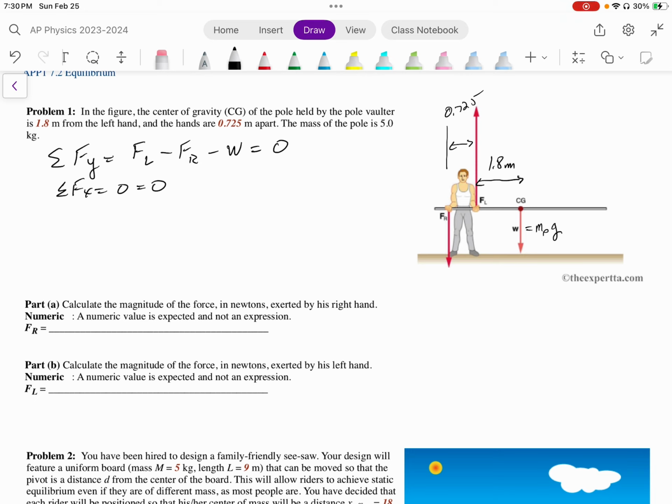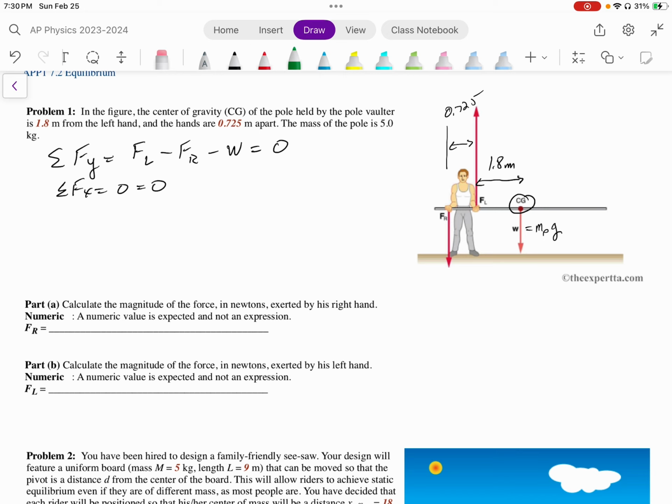So let me ask you this. Why not take the center of gravity of the pole as my axis of rotation? That would be a bad choice because I now have a torque caused by force in the left, force of the right, and that would mean 2 additional unknowns. I do know all the R values, but what do they want to know?